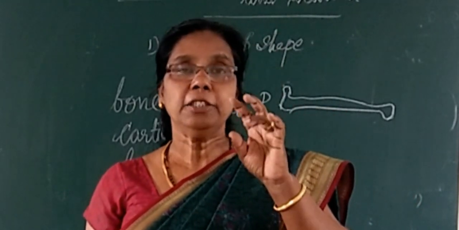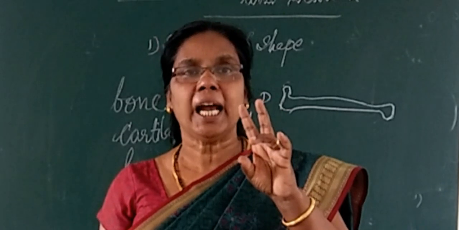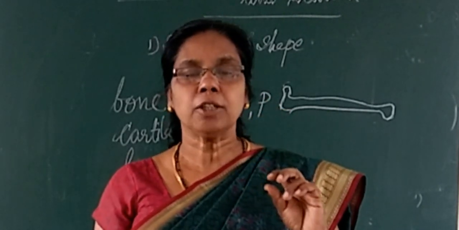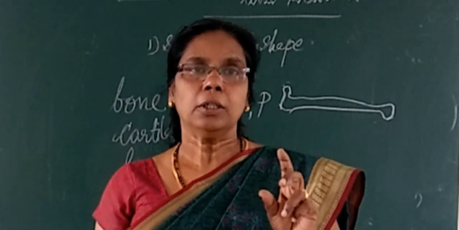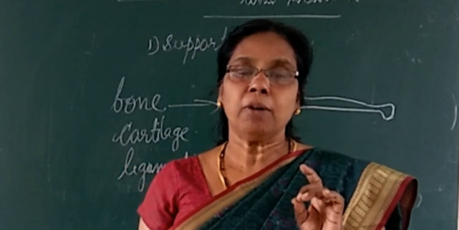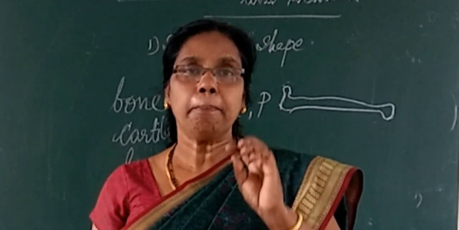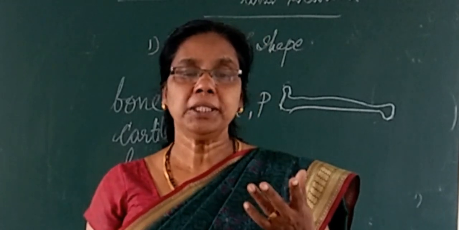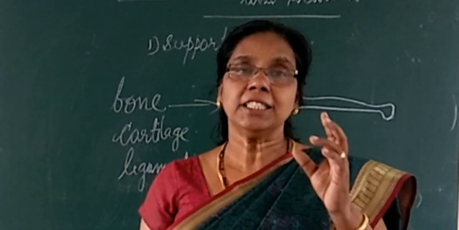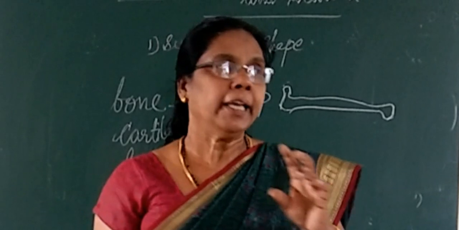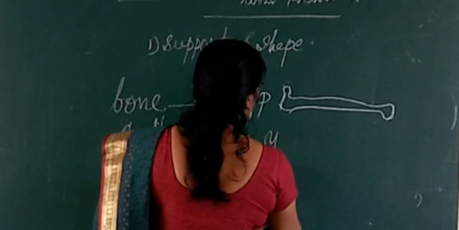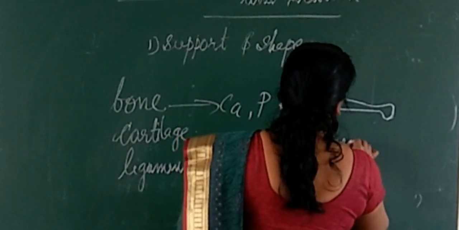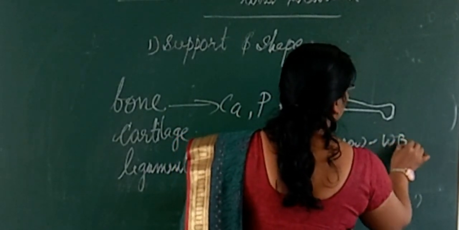Bone marrow. This bone marrow is of 2 types. One is called yellow marrow and the other is called red marrow. What does the yellow marrow do? It is made up of adipose tissue and it produces WBC.